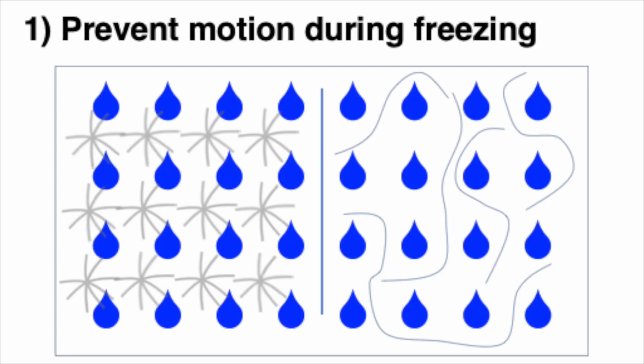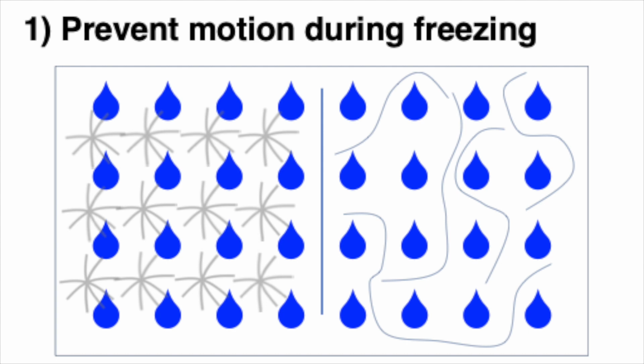The second thing that we can do is use some chemical additives to slow down water motion so that the water droplets can't reach up to one another while they are freezing. So we want to prevent water motion, and we have a couple of types of molecules at our disposal to do that.